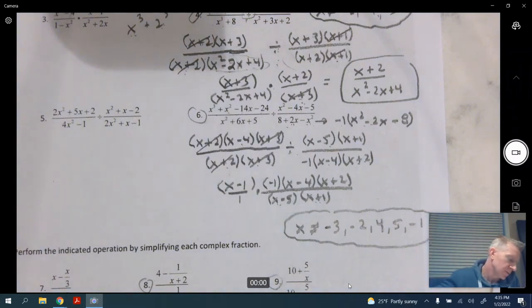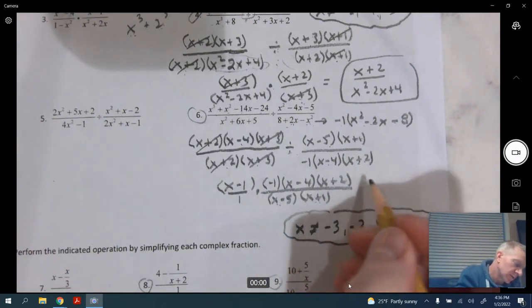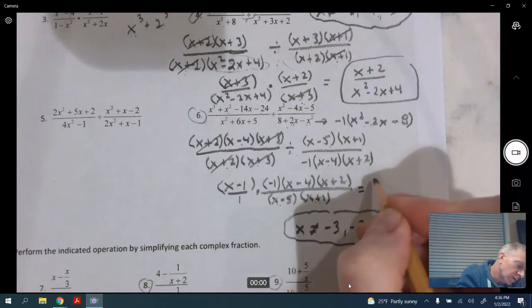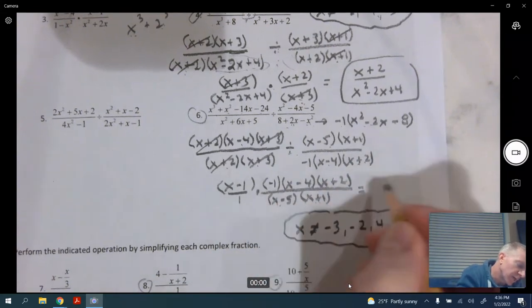Okay. So now what we've got is, let me just double check something. Okay, so now what do we have? We've got a negative 1. We could just pull the negative out front.